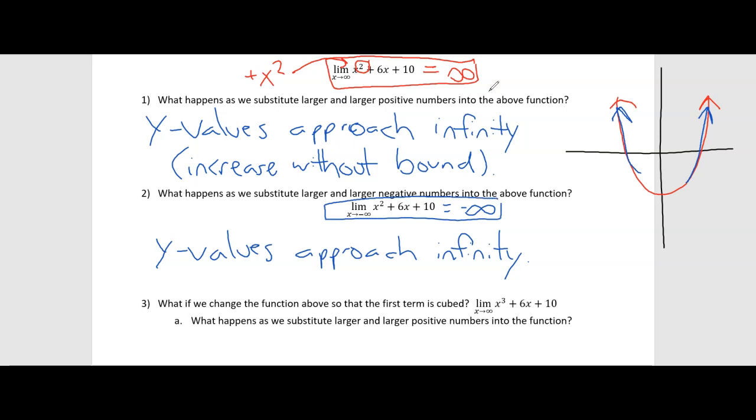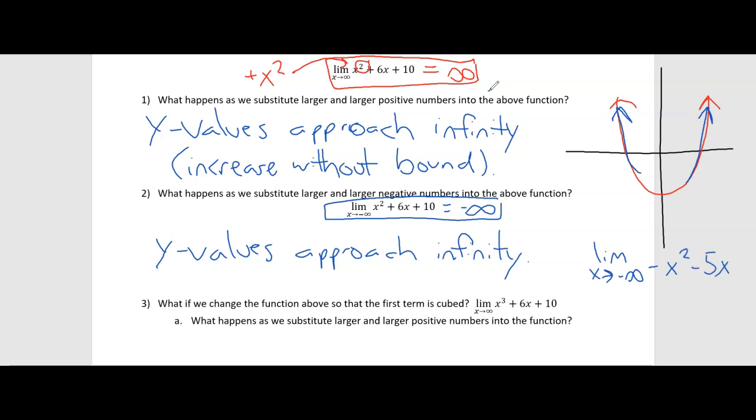So real quick, let's talk about if the sign of the first term was negative. Let's say I just had another function, the limit as x approaches negative infinity of negative x squared minus 5x.